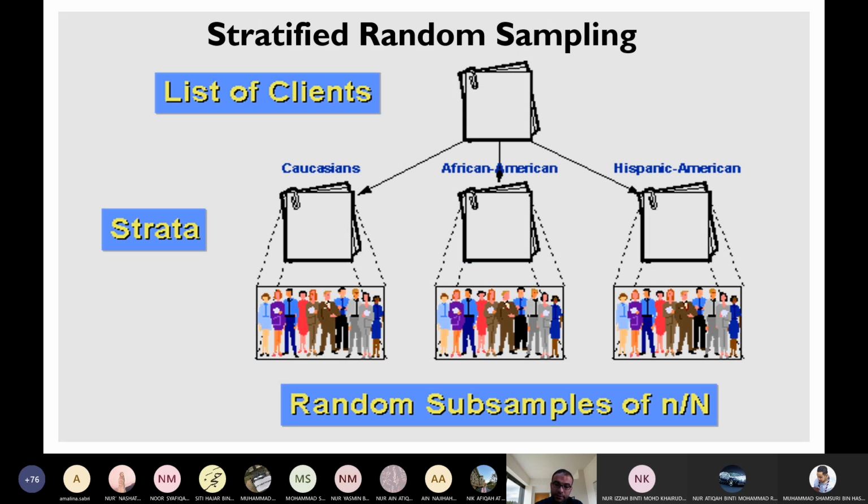Okay, what next? Stratified random sampling. Of course, strata comes to our mind. Strata means cohort or group, a large group.